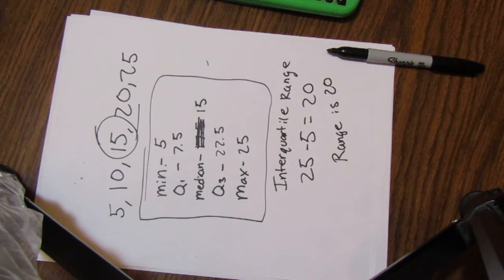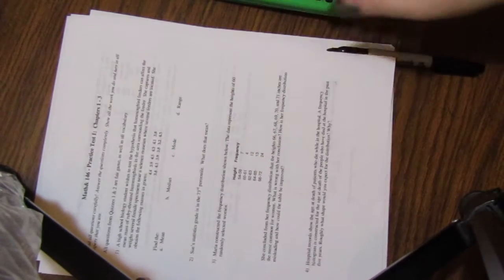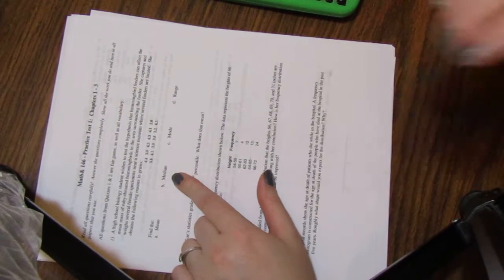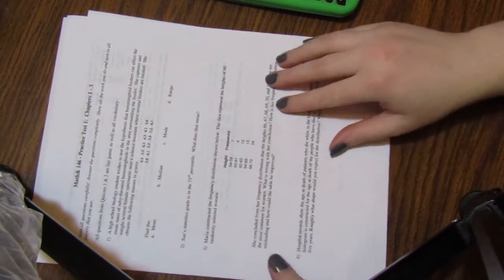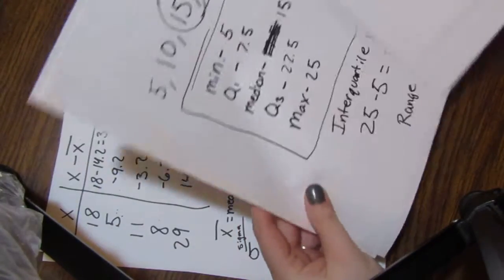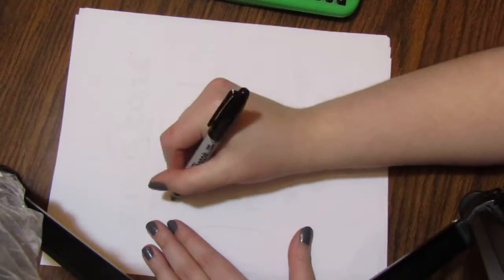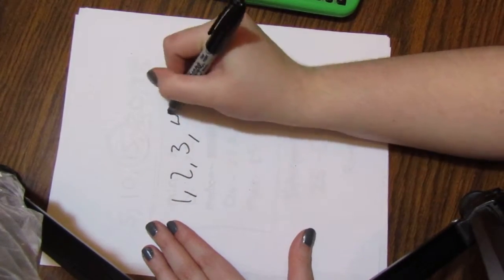Let's see, I think that was pretty much it. She went over the practice test a little bit. This is one of them here. When we're finding the median, as you probably know, you have to write them all out, like, say 1, 2, 3.